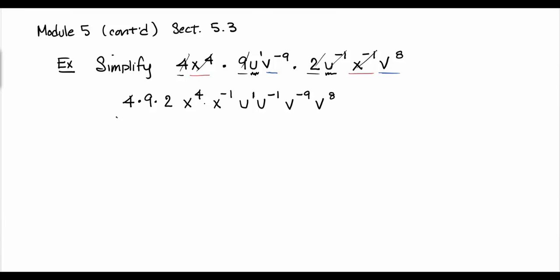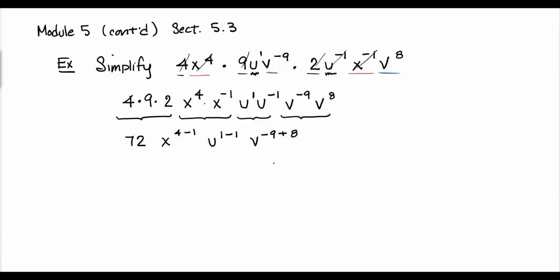Okay, so let's work all this out. 4 times 9 times 2. 4 times 9 is 36. Times 2 gives me 72. Here I add my exponents. So this is the same as x to the 4th minus 1. Here I have u to the 1 minus 1. And here I have v to the negative 9 plus 8.